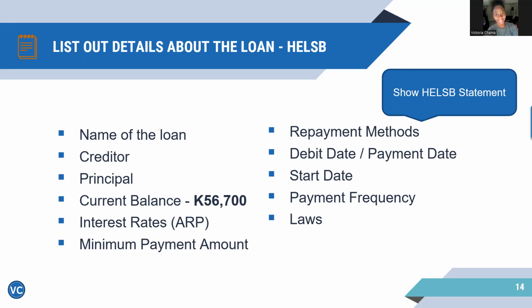It always sends red flags when I'm talking to clients or people and they don't even know what the principal is, the current balance, and worse, the interest rate. At any given point, you should be aware of the current balance, meaning how much you have paid towards your loan and how far it has reduced. It always amazes me when I ask someone, okay, what is your current balance? And they're like, I don't know.